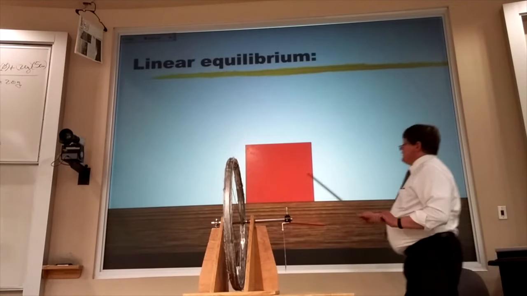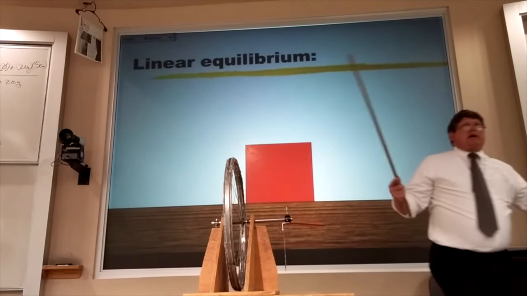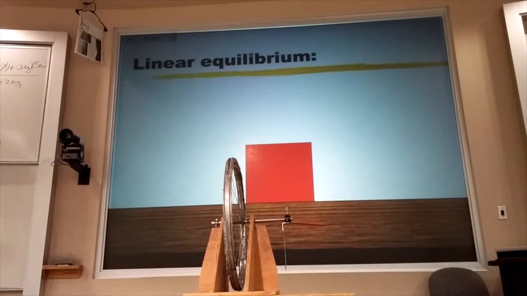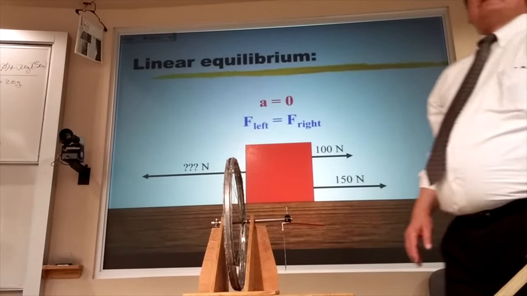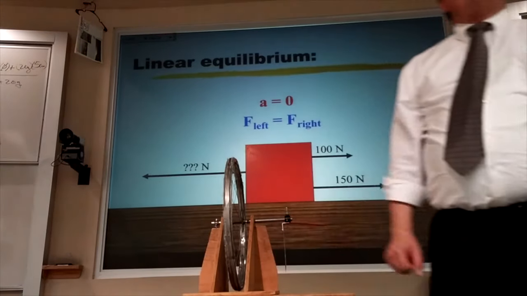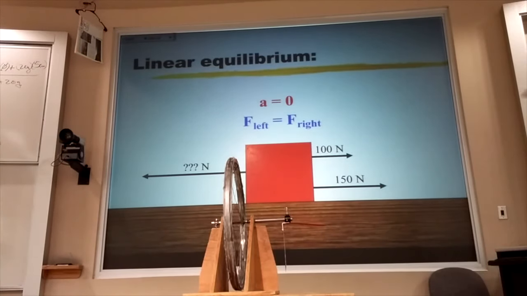In linear motion, if you've got some object that's not accelerating, it's just sitting there, and if I told you that the two forces to the right added up to 250, and I asked you what's the force to the left, it'd be a no-brainer. You'd say, in order for there to be no acceleration, all the force trying to make it go to the left has to balance all the force going to the right. That means I've got to have a force of 250 over there.